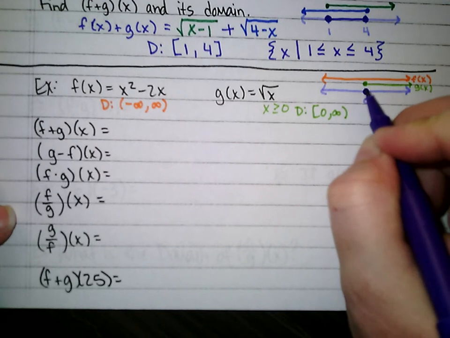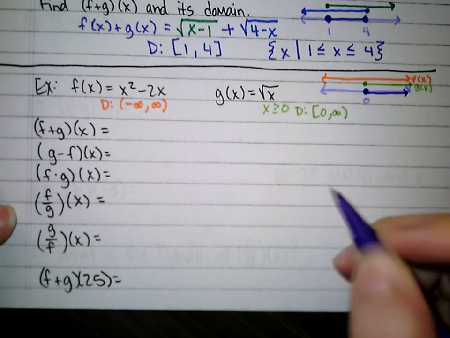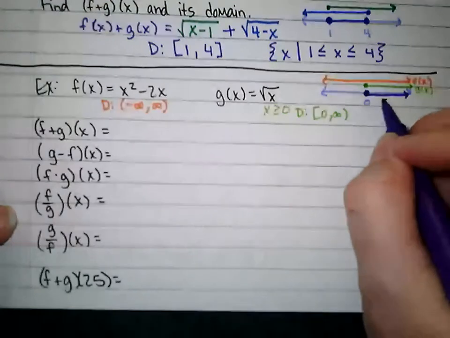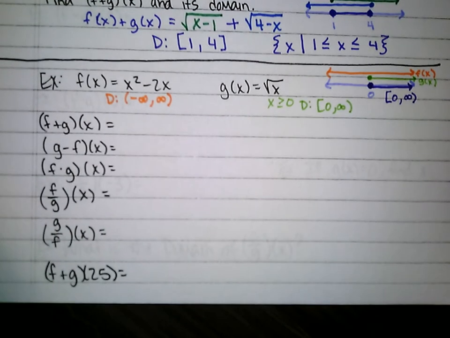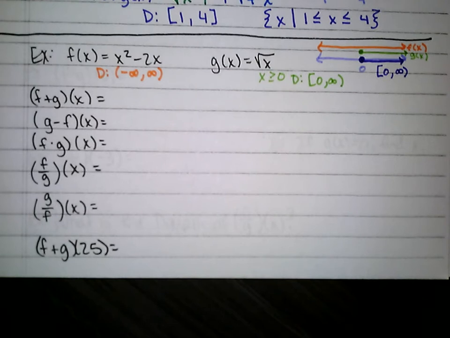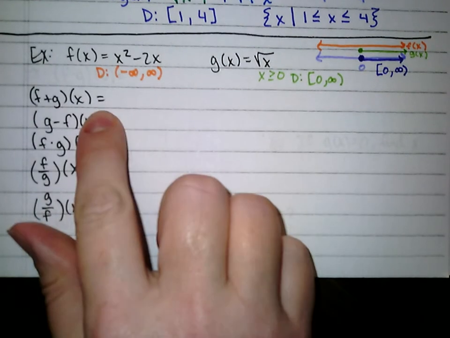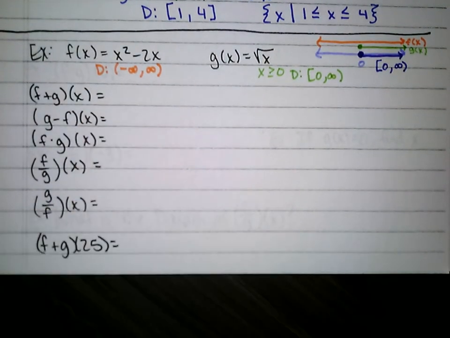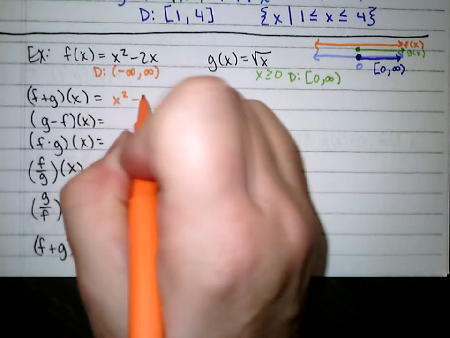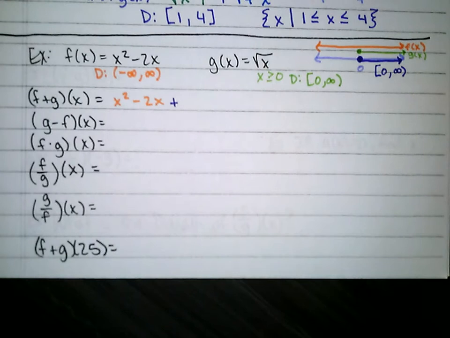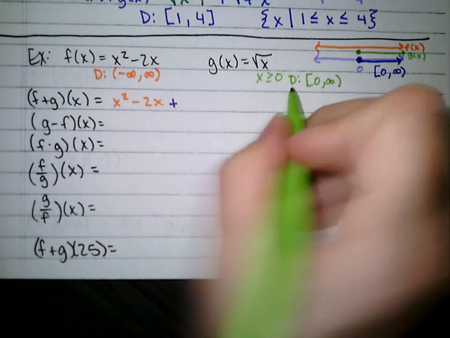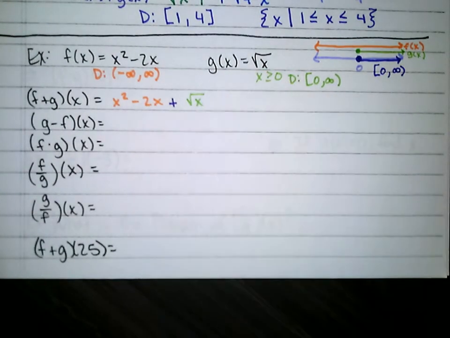So any of these functions I combine, the combined domain is going to be 0 to infinity. Of course, we also have to watch out for the ending function to make sure there's no other restrictions that are added into the problem. Okay. So f of x plus g of x. We'll have x squared minus 2x. We're going to add g of x, which is square root of x.